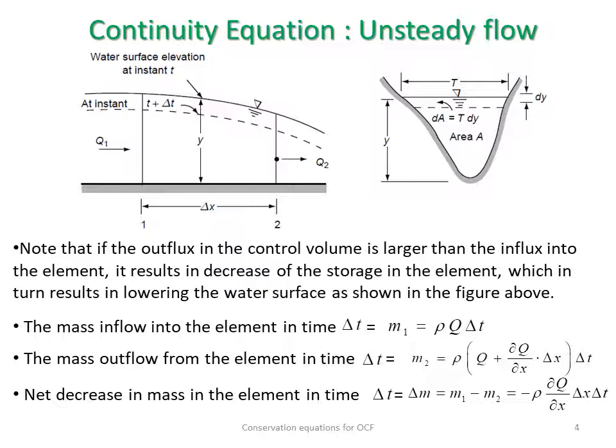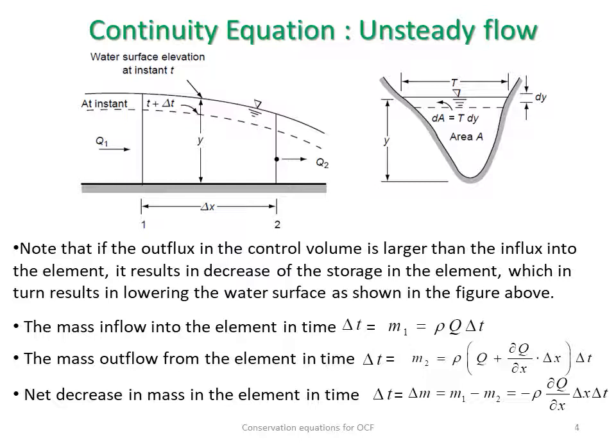And similarly, the mass outflow from the element in time delta t is given by m2 is equal to rho into q plus del q by del x into delta x, this whole multiplied by delta t. So we are considering an incremental increase in discharge along the longitudinal direction.